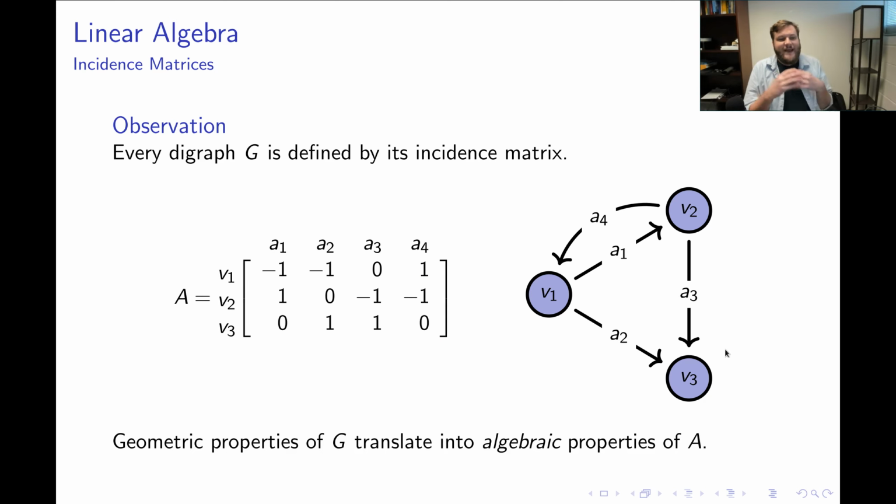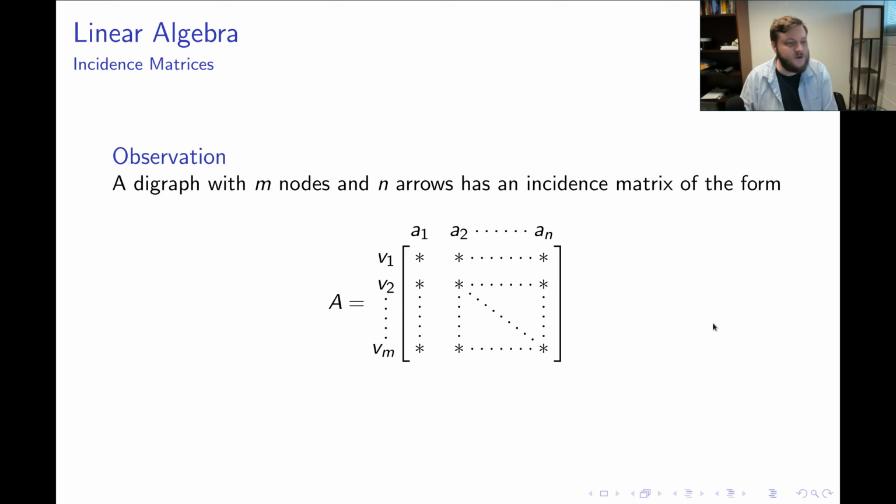And now the interesting thing about matrix theory is that interesting properties that we might consider geometric when it comes to studying the directed graph can often translate into algebraic properties of the incidence matrix. This is what would allow a computer to run algorithms on a directed graph. Now, here's something I'd like to point out.